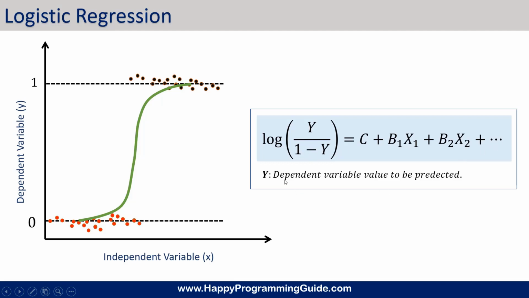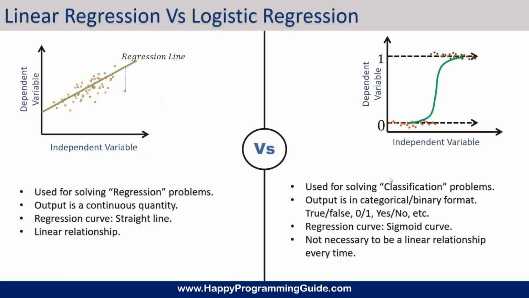Now let us see the difference between these two algorithms. Based on output predicted, linear regression is used for solving regression problems, whereas logistic regression algorithms are used for solving classification problems. In linear regression, the output predicted is a continuous quantity that can be any value, whereas in logistic regression, the output is categorical or binary.